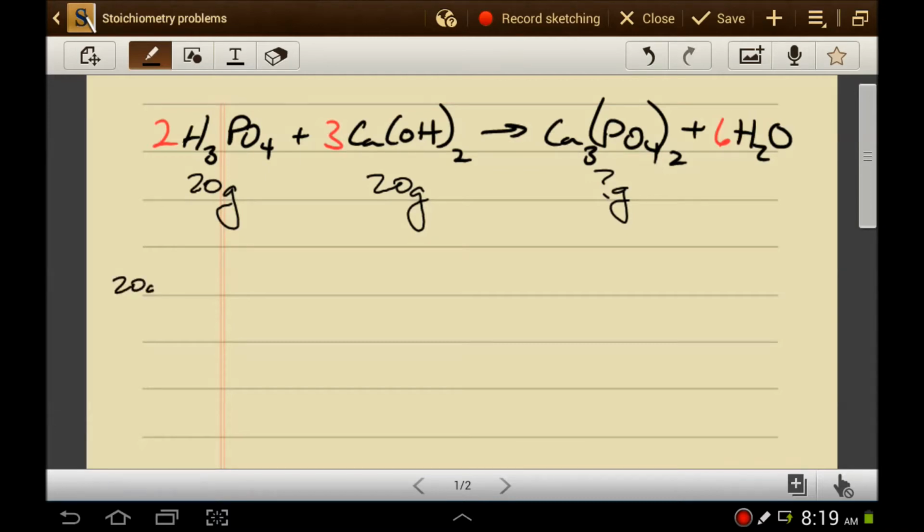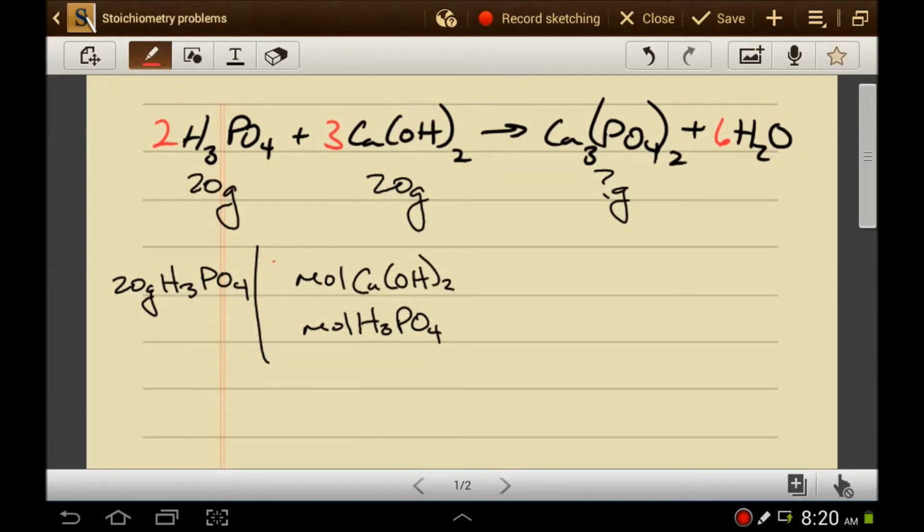If I start with 20 grams of phosphoric acid, let's convert that into calcium hydroxide and see what happens. So moles of phosphoric acid, moles of calcium hydroxide. The ratio is 3 to 2.